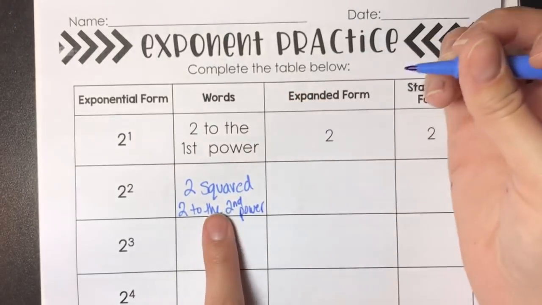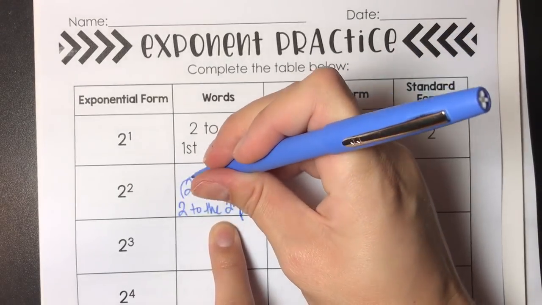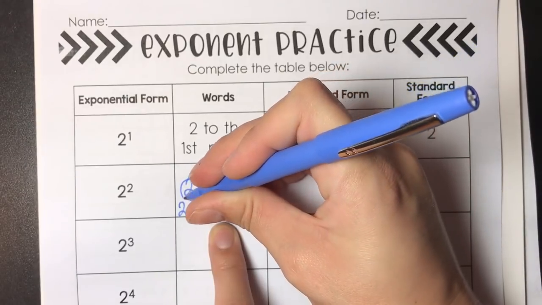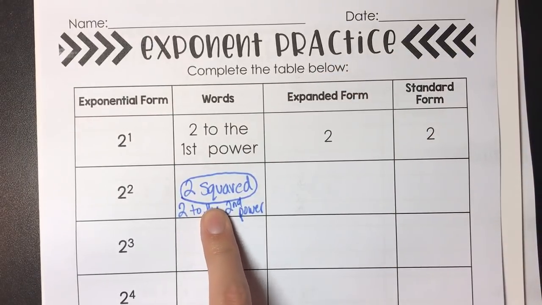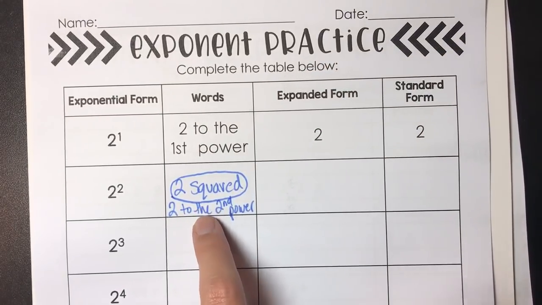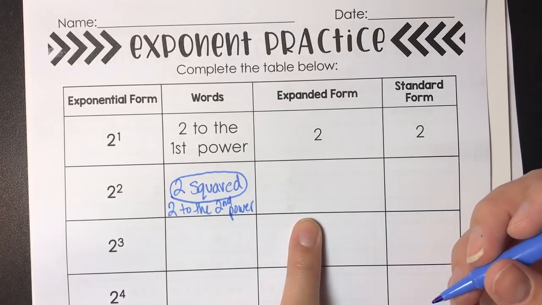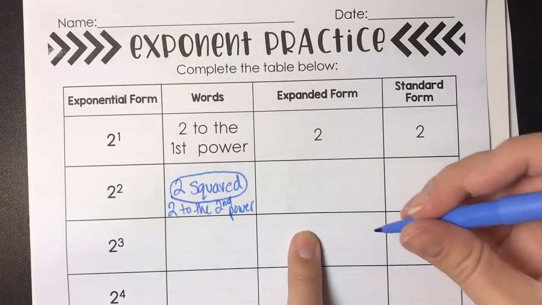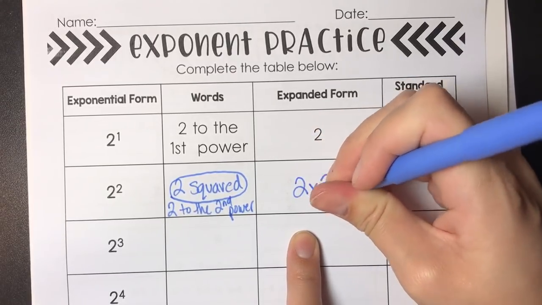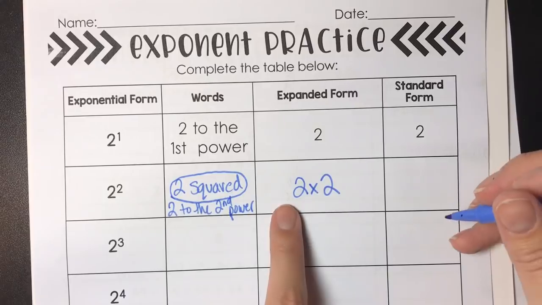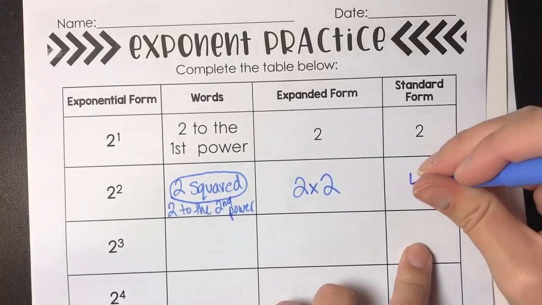That is absolutely right. However, if I had to pick one that I would prefer you to use more often, I would say 2 squared, because that is going to come up more frequently as you progress in mathematics later in your academic years. Expanded form, that would be 2 times 2. And then the answer to 2 times 2 is, in fact, 4.